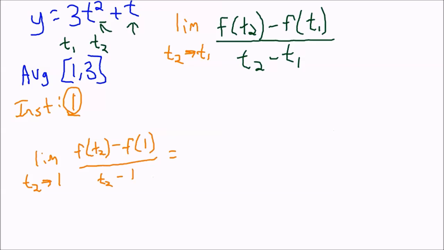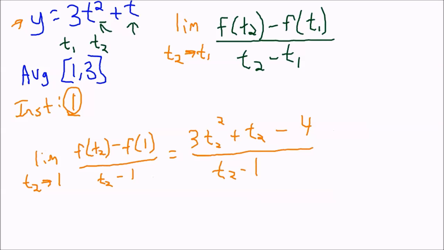I plug in t2 into my function up here, and I'm going to get 3t2 squared plus t2, minus, and I'm going to plug a 1 in for both of these t values. And we remember from the last problem, f of 1 in this case is going to be 4. So I plug a 1 in for this t, I get 3 times 1 squared plus 1, which is going to be 4. And put that all over t2 minus 1. This denominator is not going to simplify right now, so we're going to leave it.